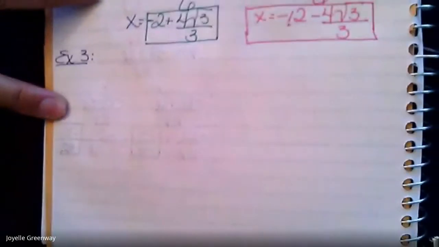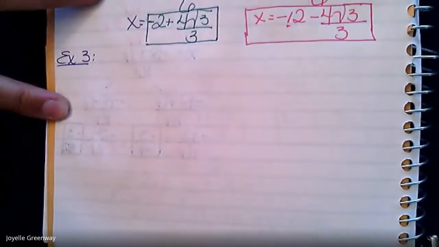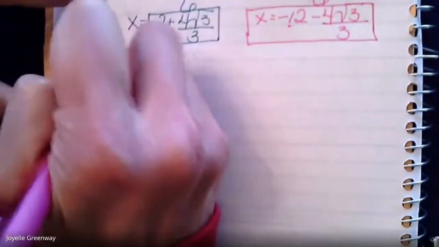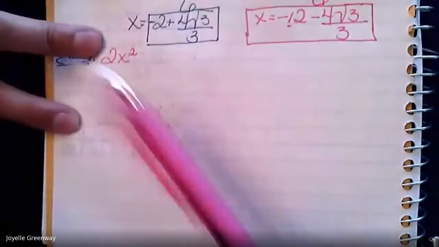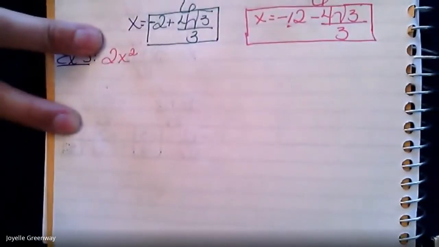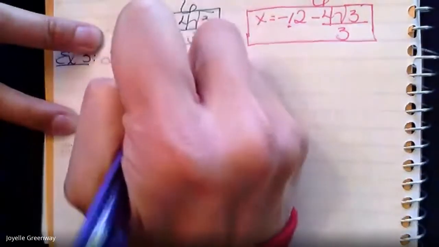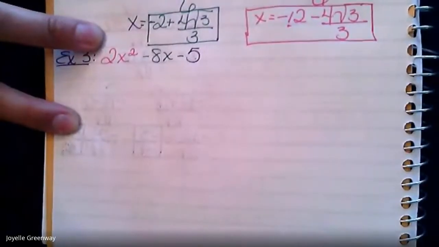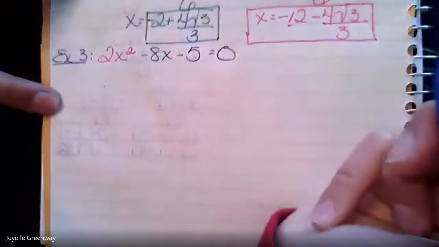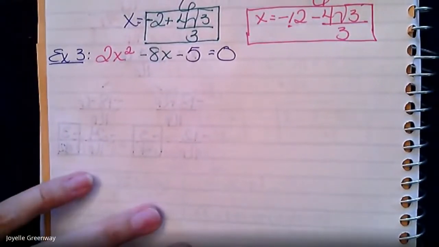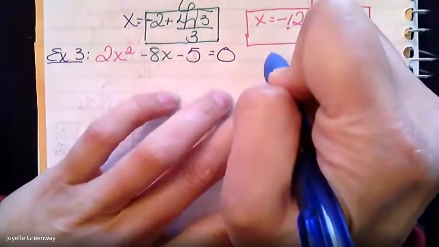So let's do 2x squared minus 8x minus 5 equals 0. Okay. So again, I'm going to just write my quadratic formula.